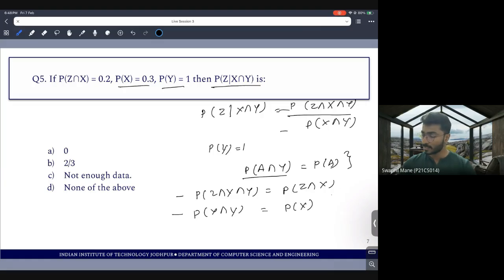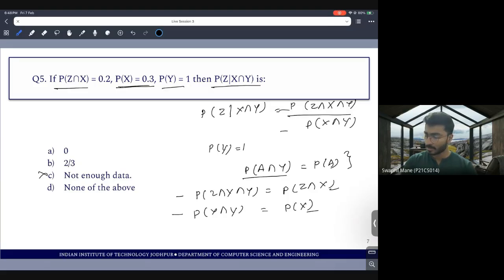So you can observe both these values are already given in our question, so this option is already gone. Let's see options 3, a, b and d, right? You can directly put these values in our equation.